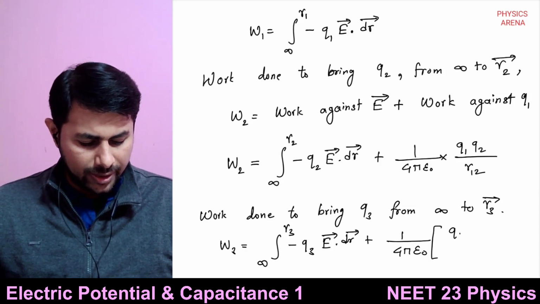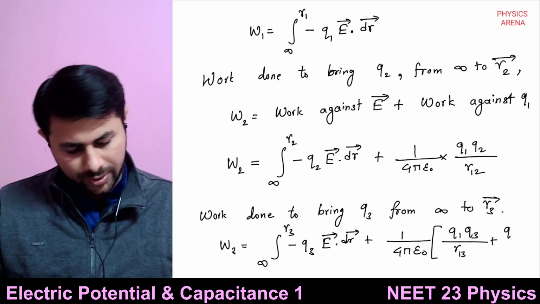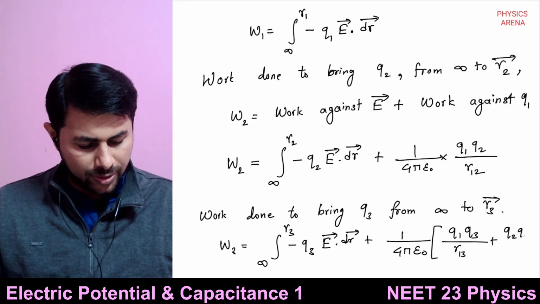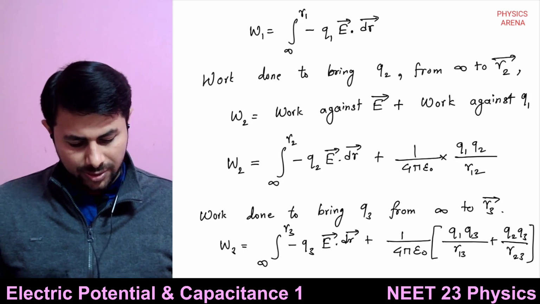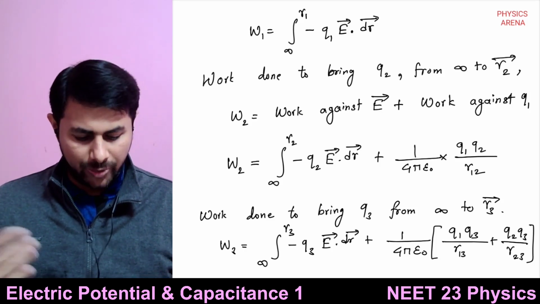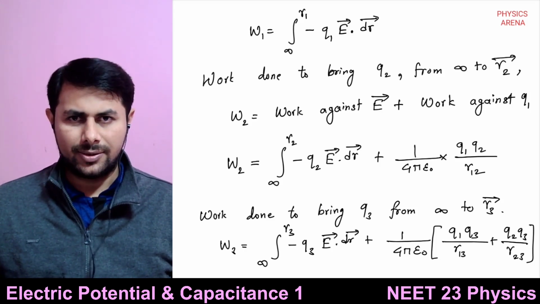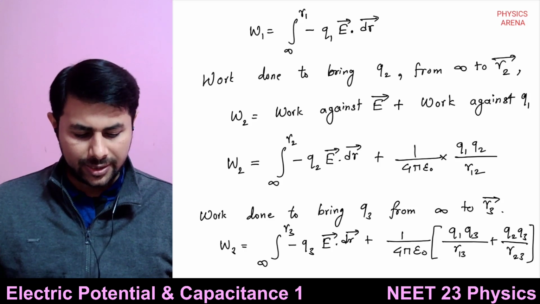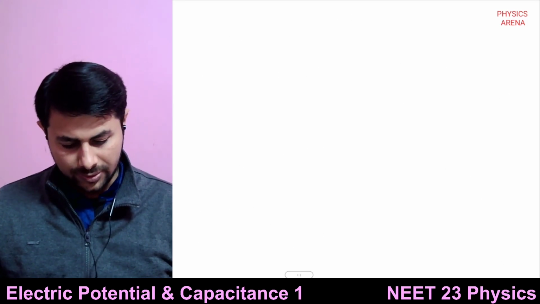Work done against Q1 will be Q1 Q3 divided by R13, plus work done against Q2 will be Q2 Q3 divided by R23. The same thing will keep repeating if you keep bringing a number of charges. There will be some work against the electric field, and some work against the other charges.